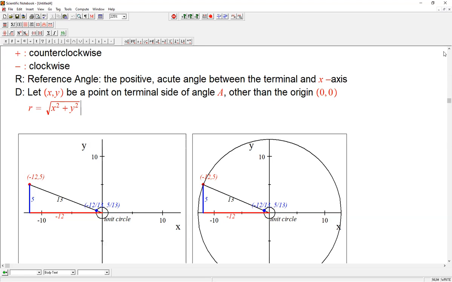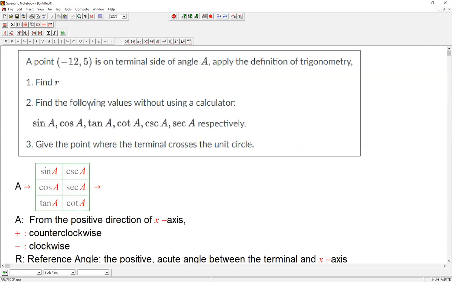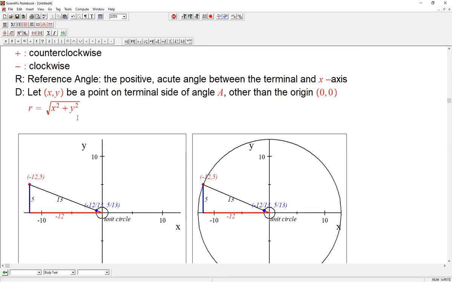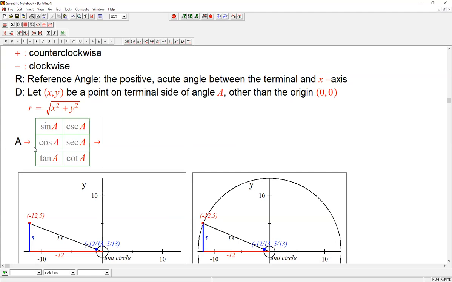And then what are the definitions for these ratios? We're going to bring this down. The definitions are as follows.